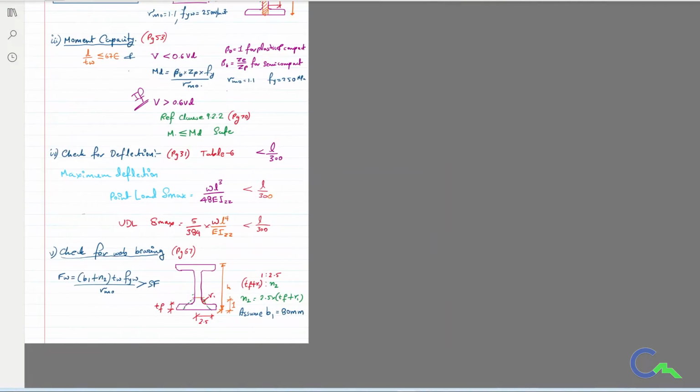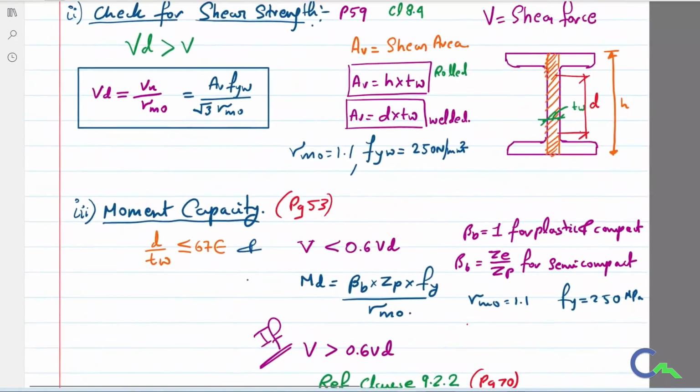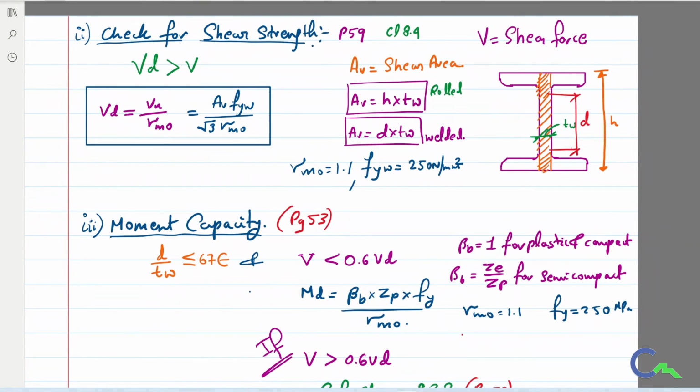The other 4 checks we have to do. The second check is for shear strength, which is available on page number 59. We have this particular formula: design shear strength is given by AV into FYW divided by root 3 gamma M0, where AV is the shear area.